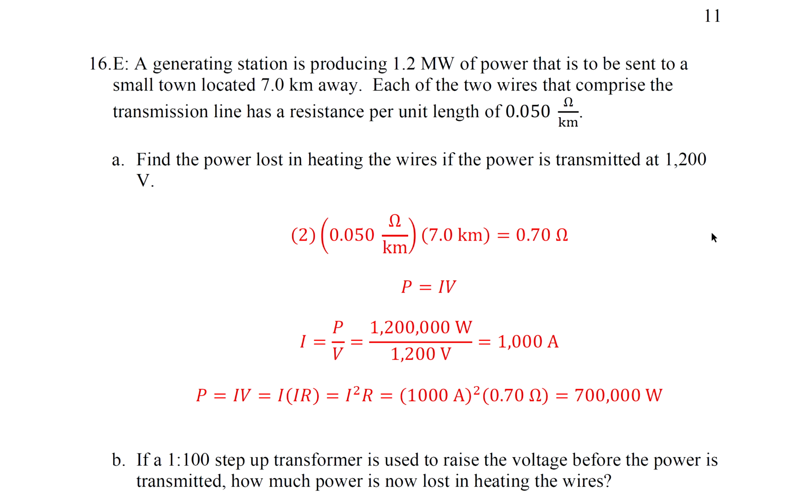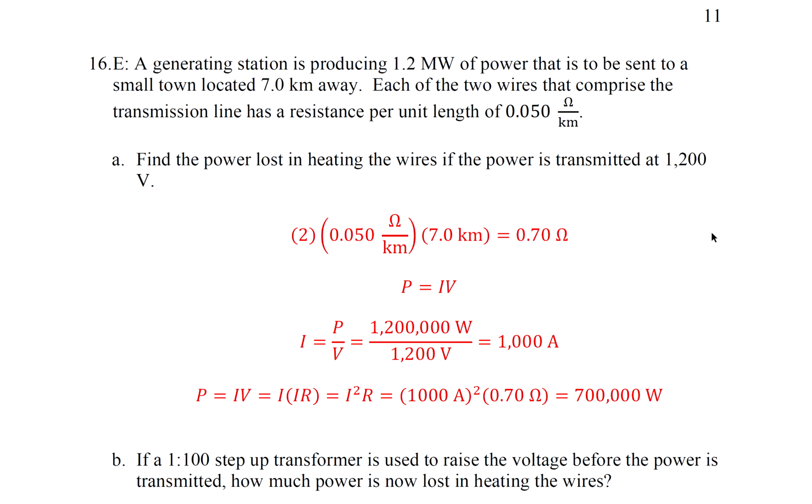Question 16. A generating station is producing 1.2 megawatts, or 1.2 times 10 to the 6 watts, of power that is to be sent to a small town located 7 kilometers away. Each of the two wires that comprise the transmission line has a resistance per unit length of 0.05 ohms per kilometer.